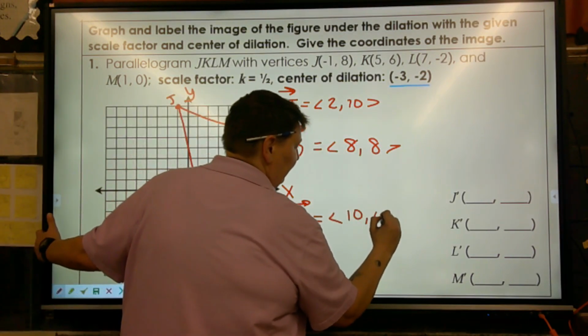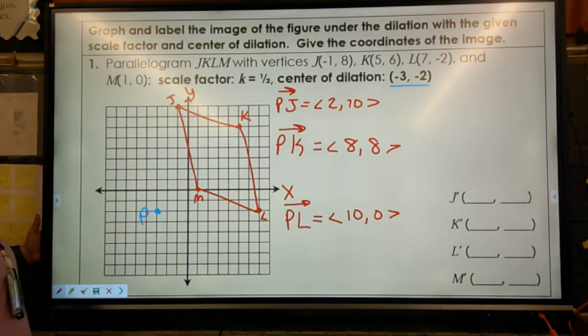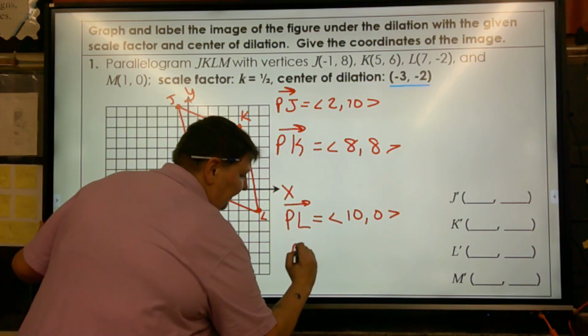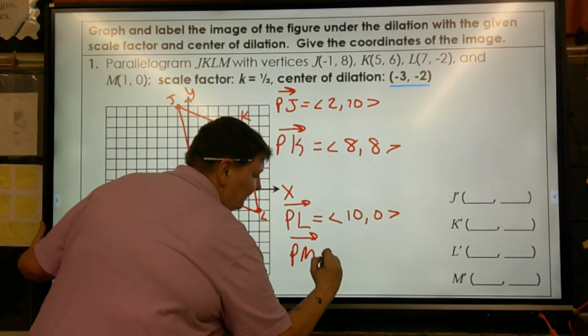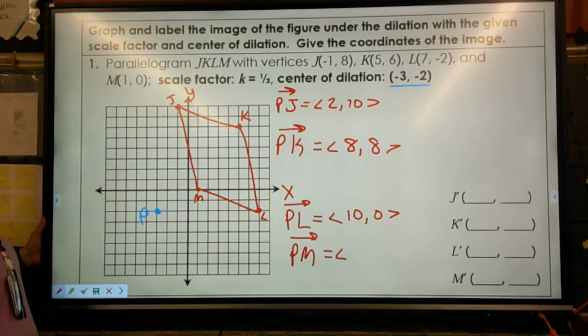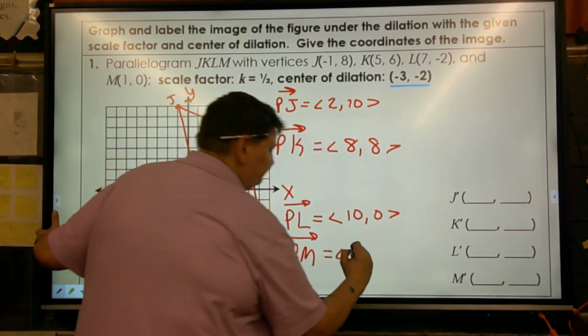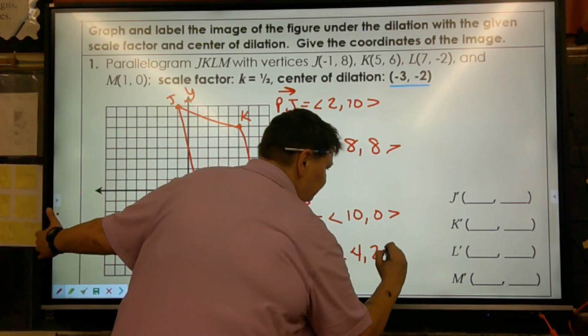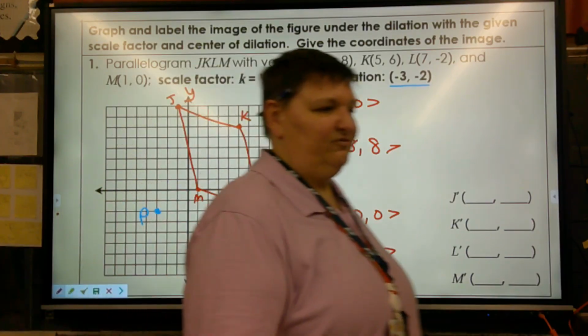No up or down. And P to M looks like 4 right, 2 up. Alright, so finding our vectors.